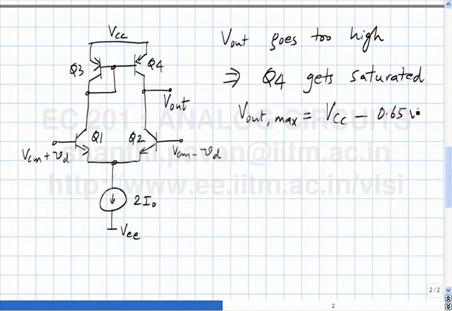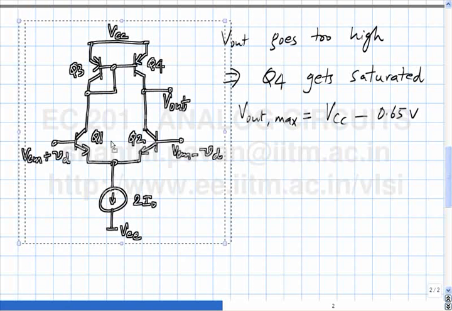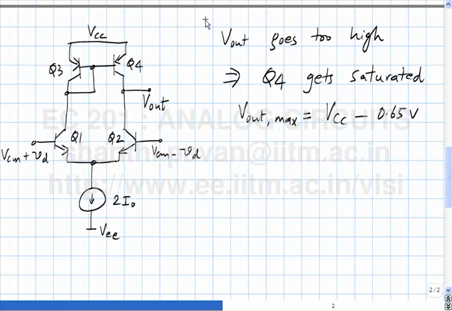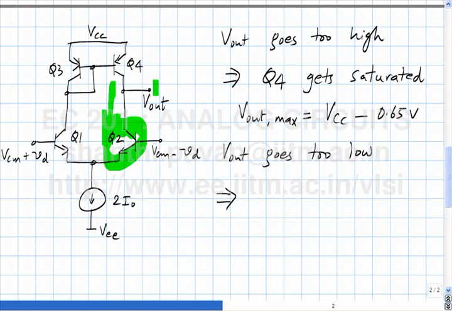Is that clear? On the other hand, if V out goes too low, what happens? If this potential goes too low, it's going to crush this device. So what is V out minimum?